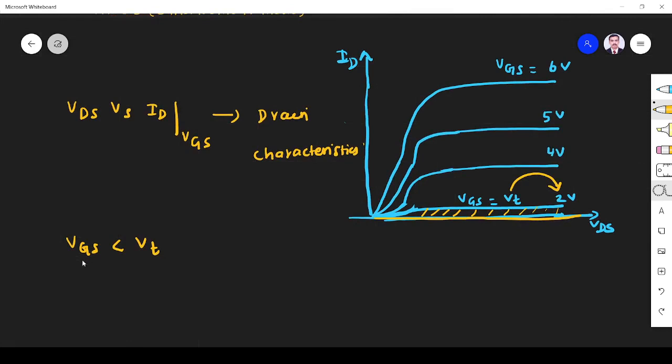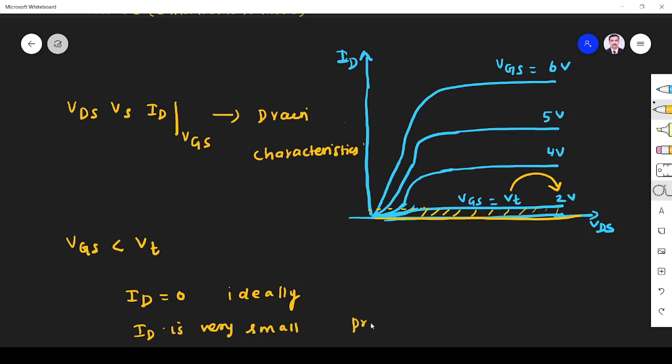So ideally, when gate to source voltage is less than threshold voltage, the drain current will be zero. But here we have put some drain current. It is not exactly zero. It is some 0.5 microampere or nanoampere, a very small value. But in practice, a very small current ID flows.